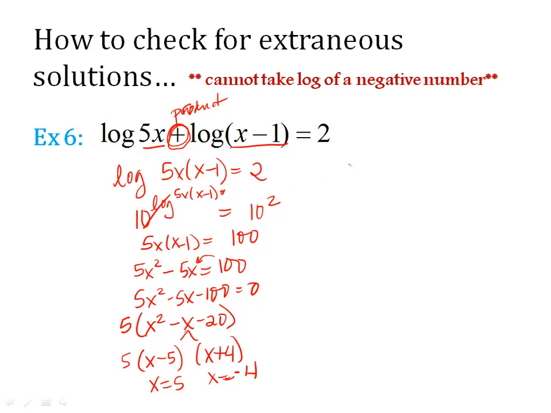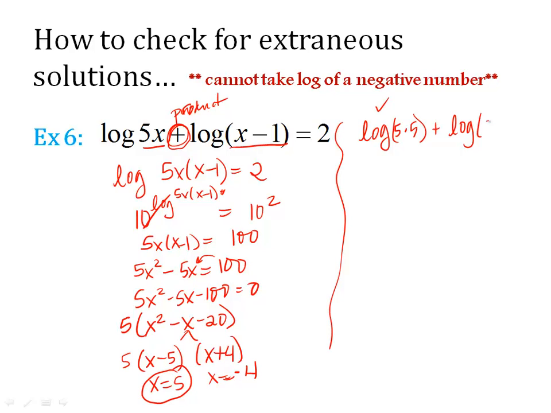I need to figure out, are they extraneous? So what I do is go back to my original problem. Okay, this is my checking station, I guess you want to call it. So first I'm going to check the 5. All right, so I say the log of 5 times 5 plus the log of 5 minus 1, does it equal 2? Well, 5 times 5 is 25.